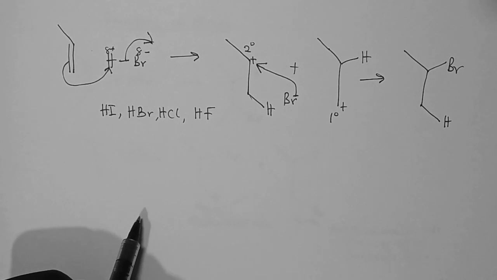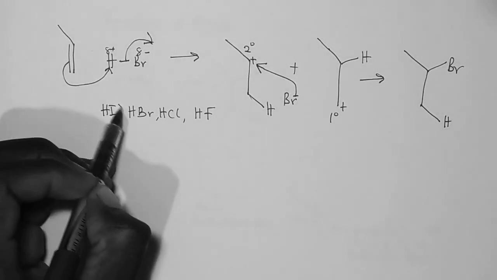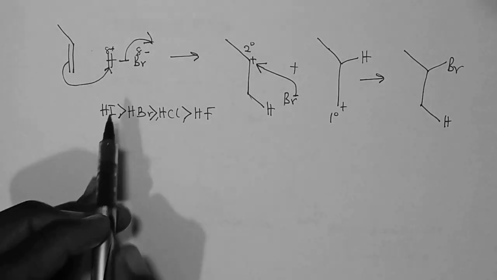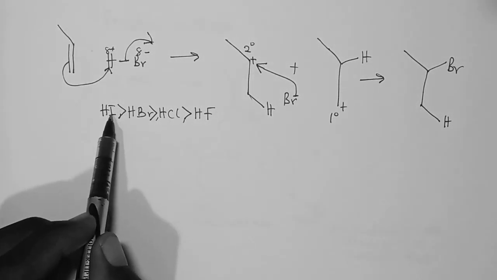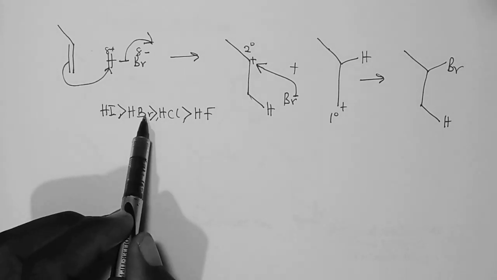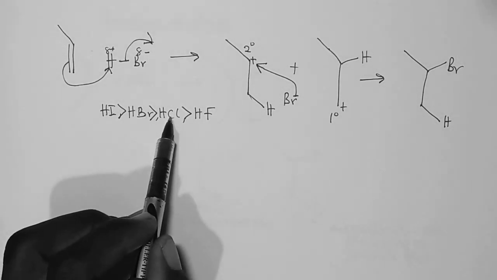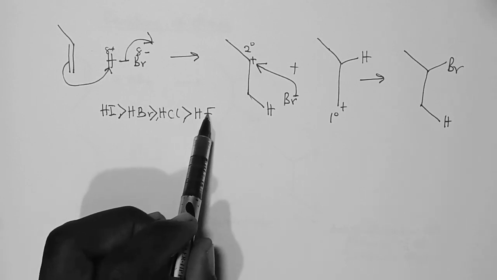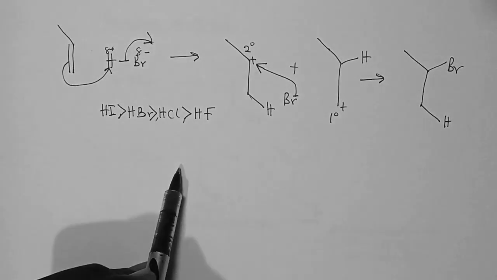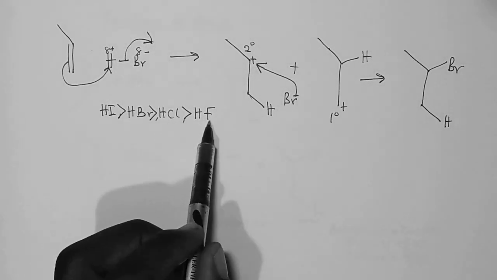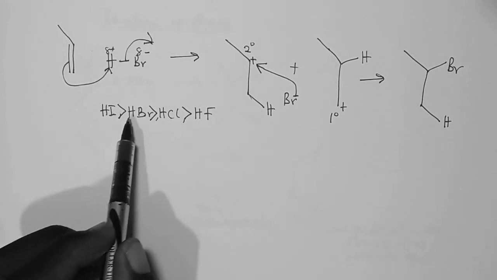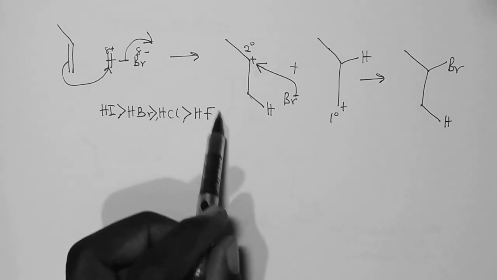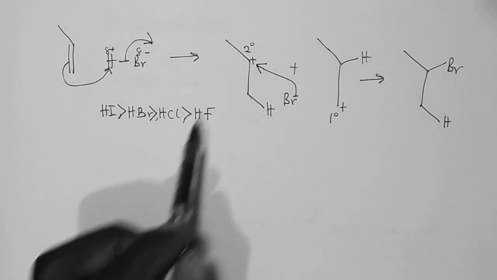In terms of increasing order of reactivity, it will be going in this direction. And the reason is because you know that iodine is less electronegative compared to bromine, and bromine is less electronegative compared to chlorine, and chlorine is less electronegative compared to fluorine. So the more electronegative the element is, the easier the release of the proton, because the electrons are pulled more towards that electronegative element.